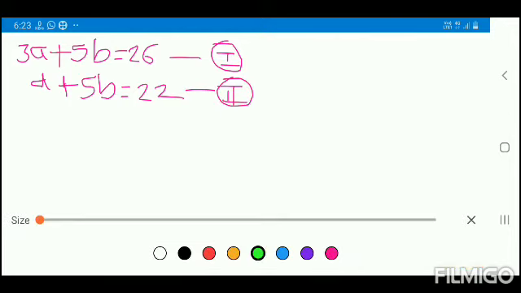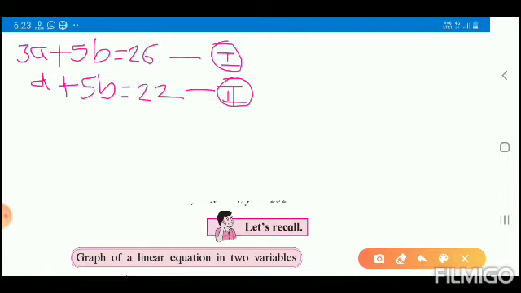Now we will solve this equation. If you see the coefficient of b, it is the same, equal to 5. So we have to subtract the equations. You can subtract equation 1 from equation 2 or equation 2 from equation 1. Now I am subtracting equation 2 from equation 1.